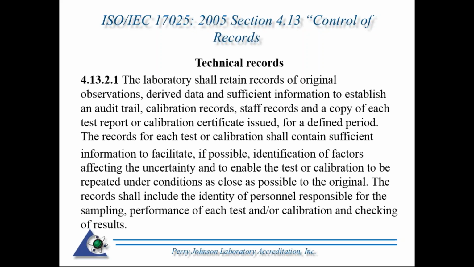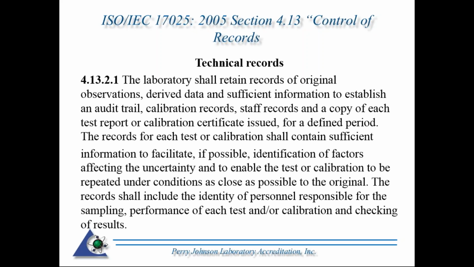The laboratory shall retain records of original observations, derived data, and sufficient information to establish an audit trail. Calibration records, staff records, and a copy of each test report or calibration certificate issued for a defined period.